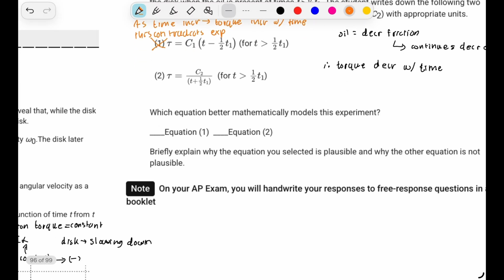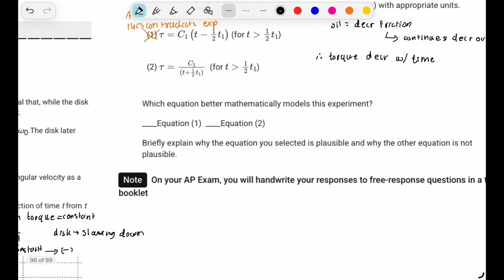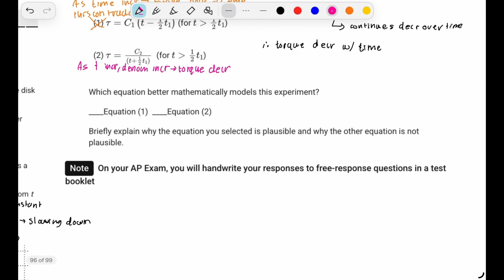Now for equation 2, as your time increases, the denominator increases. So as t increases, your denominator is going to increase. That means that your torque is going to increase as well. Or sorry, that means that your torque is going to decrease, because the time is in the denominator and the torque is in the numerator.